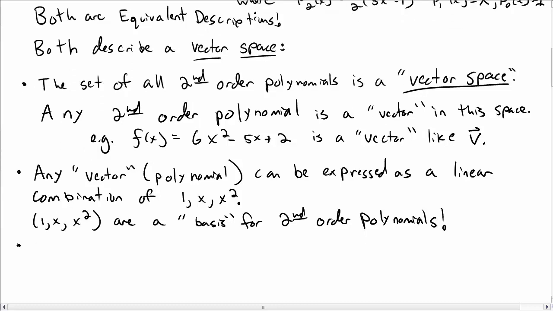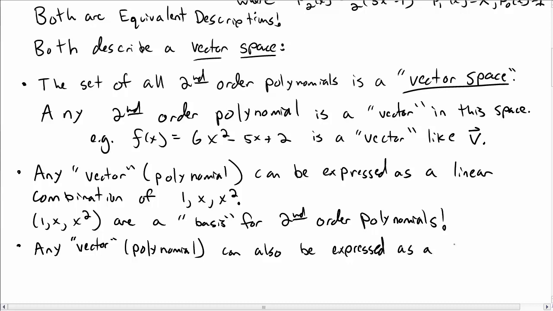Note that that's not the only basis. In particular, any vector, again, if this is a polynomial we're talking about, can be expressed as a linear combination in a different way.